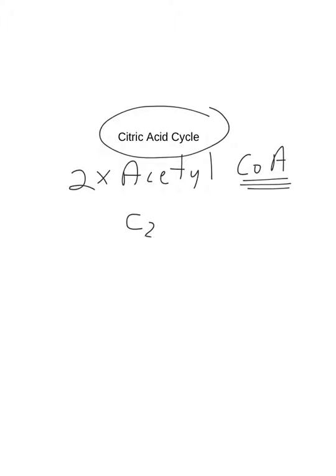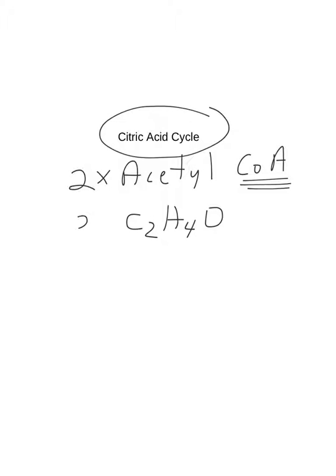All right, so where we left off with the pyruvate conversion step, we had two acetyl coenzyme A molecules. Don't worry about the coenzyme A for the time being. That just acts as a carrier. Remember, the acetyls are composed of 2 carbons, 4 hydrogens, and an oxygen from the original glucose molecule.